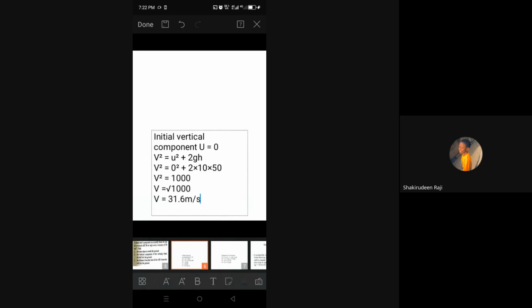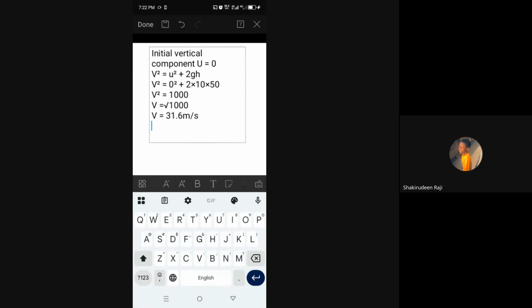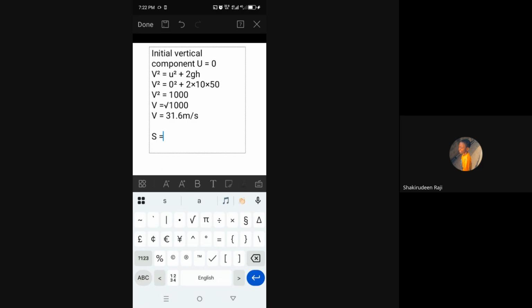The third question is asking us to calculate, that's the last question, the distance from the foot of the cliff where the ball hits the ground. That is the horizontal distance. So that is where we will apply the third equation of motion. Since it's still under the influence of gravity, your sign remains plus.